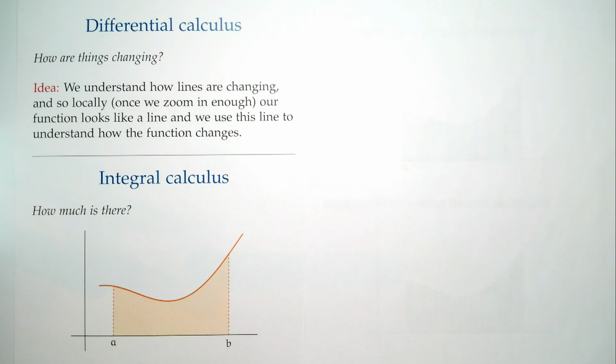Lines, they have their slopes, and slopes are a measurement of change. So I'm going to approximate things by a line by zooming in at that point until it zooms into something flat. That flat thing helps me understand what's going on, and I can answer the question of how something is changing.